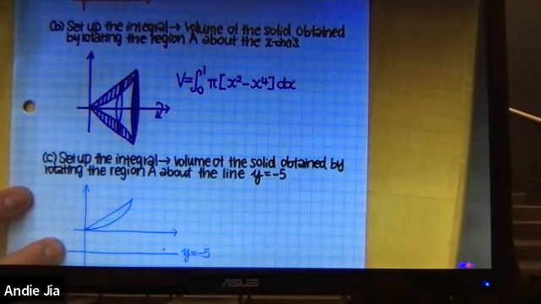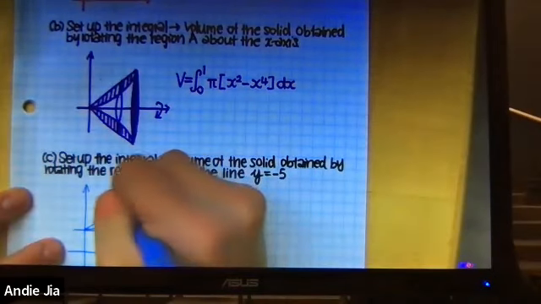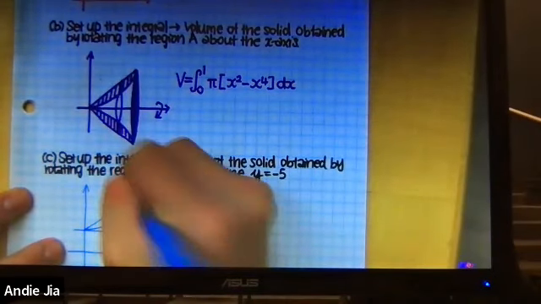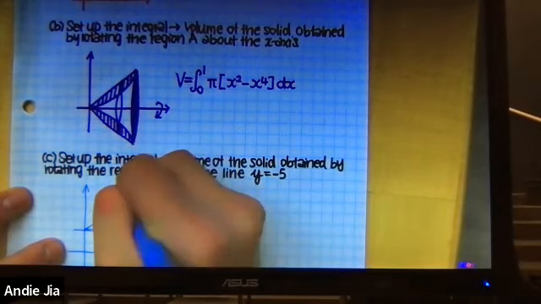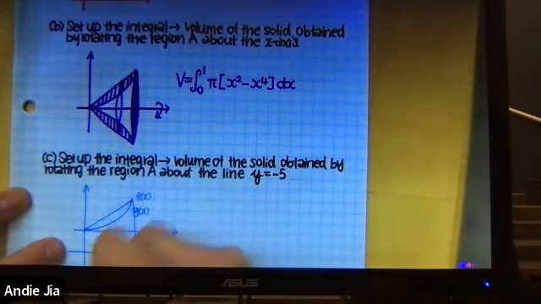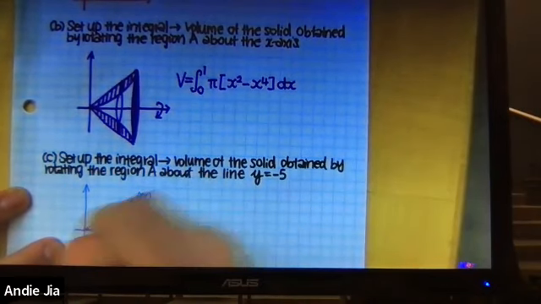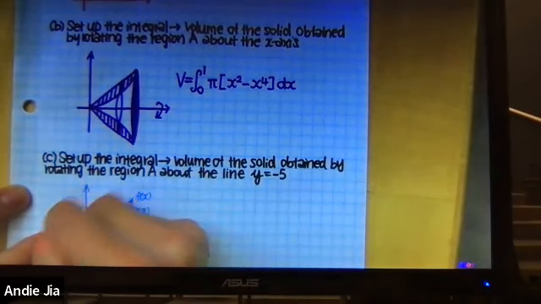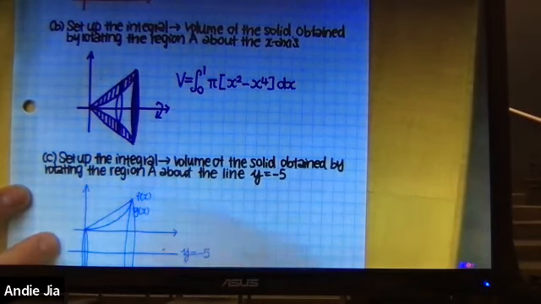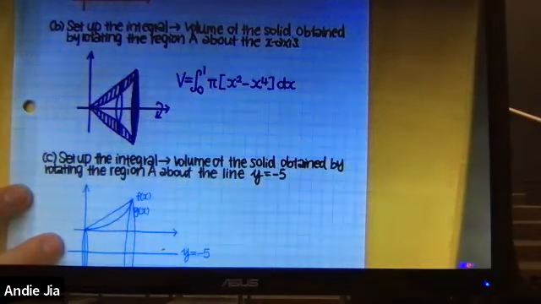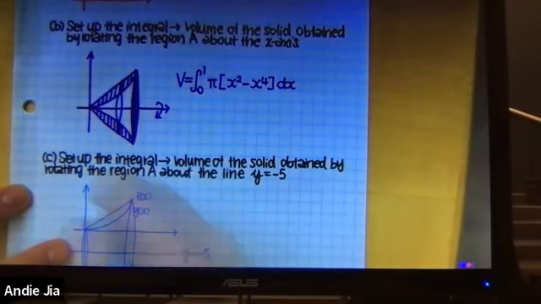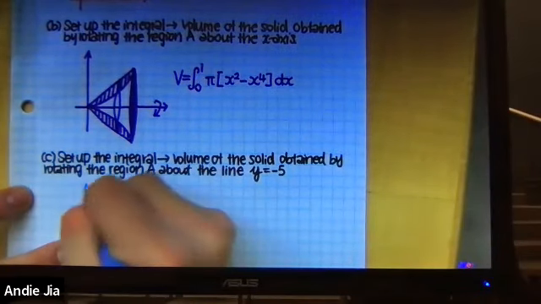The radius here is g of x, and this is f of x. This is the big washer. I'm going to color this up. So this is a big washer here, covering the regions.